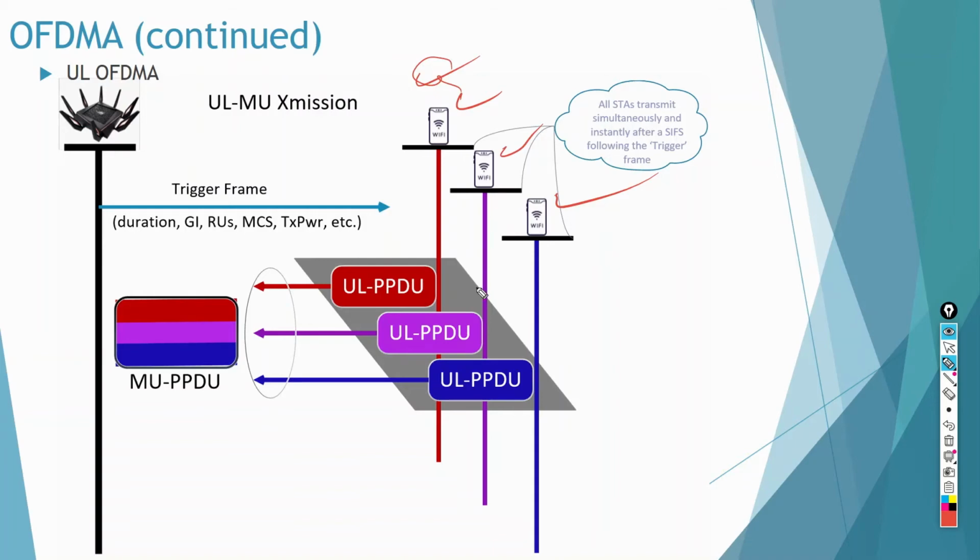Now if we want to do a multi-user uplink transmission, the first question that comes to your mind is, how can we arrange for users 1, 2, 3 to all transmit at the same time, or at least within a tiny time drift between each one of them?